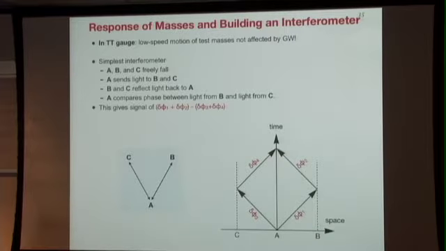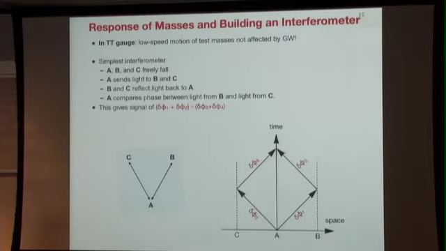So you can say that my test masses are fixed here, and this is the space view. I have A, I send light to B, and B comes back. I send light to C, light comes back. So in the space-time picture, I have A, the light going to B and coming back, and going to C, coming back.